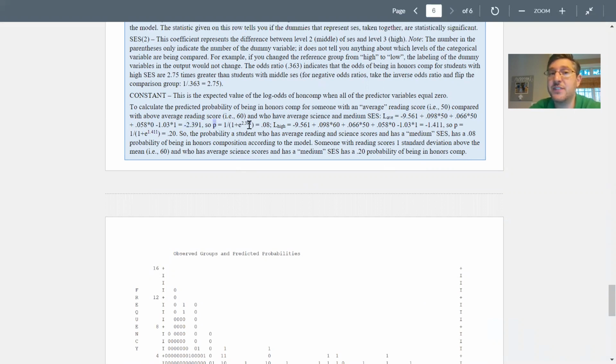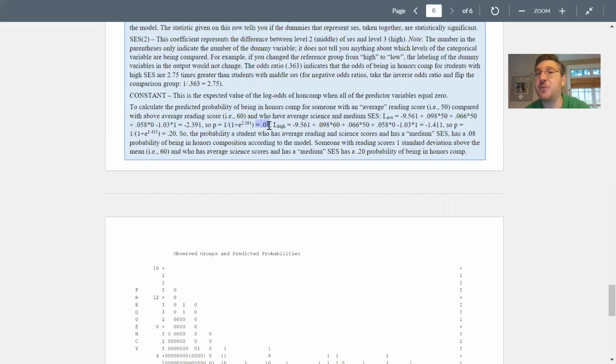We take the inverse of the sign of it and fill out the formula, 1 divided by 1 plus e to the negative logit. And so someone who has an average reading score, average science scores and medium SES would have an 8% probability of being in the honors composition course.